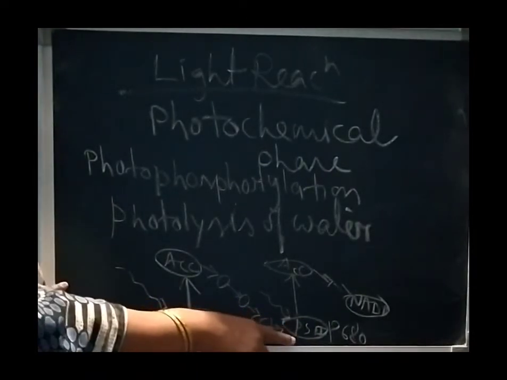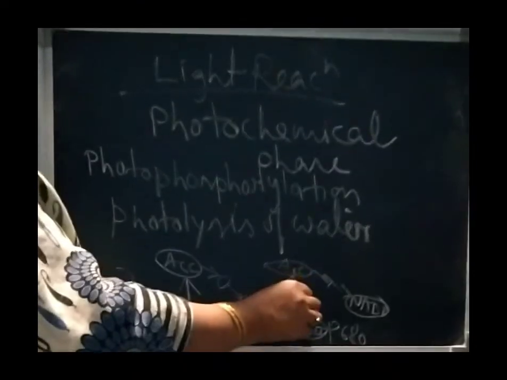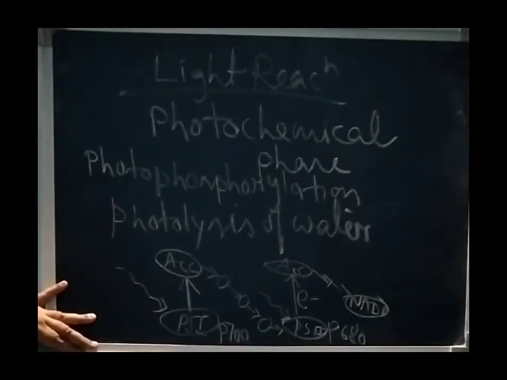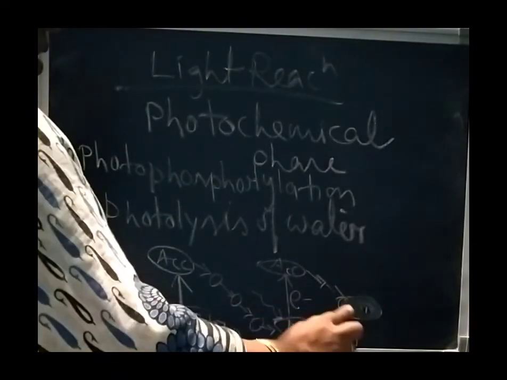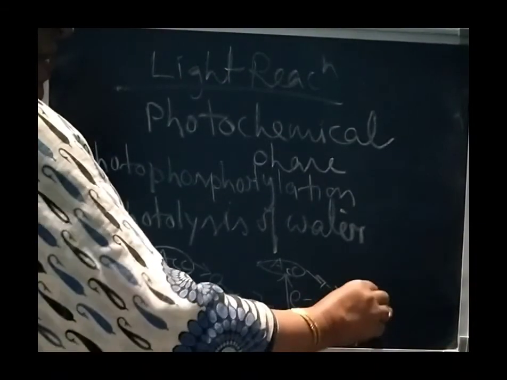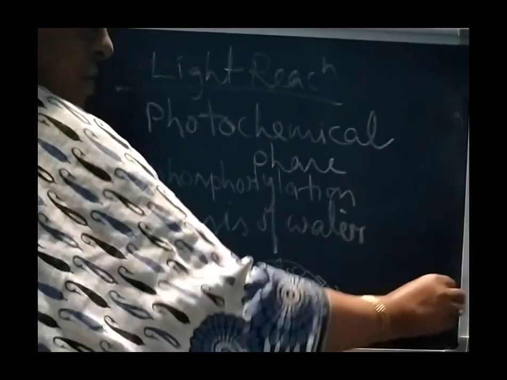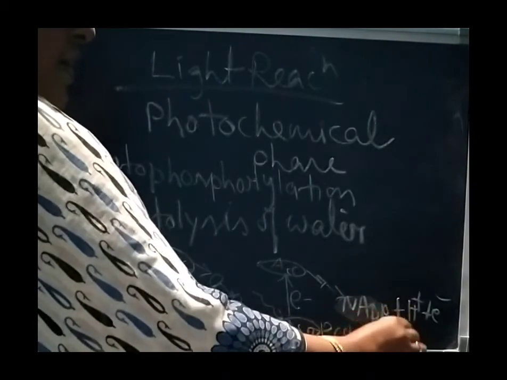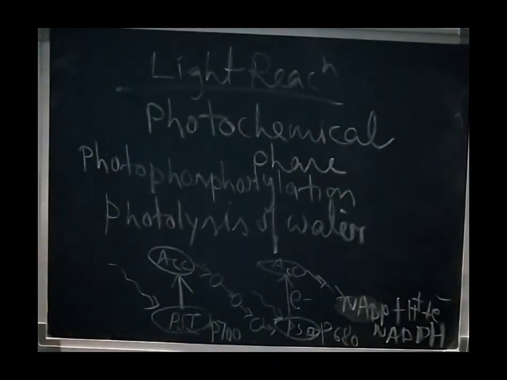So when PS2 absorbs the light, it emits one electron, and this electron is accepted by a primary acceptor, which again undergoes oxidation and reduction reactions, and finally NADP plus changes with H plus to NADPH, and that product is formed.